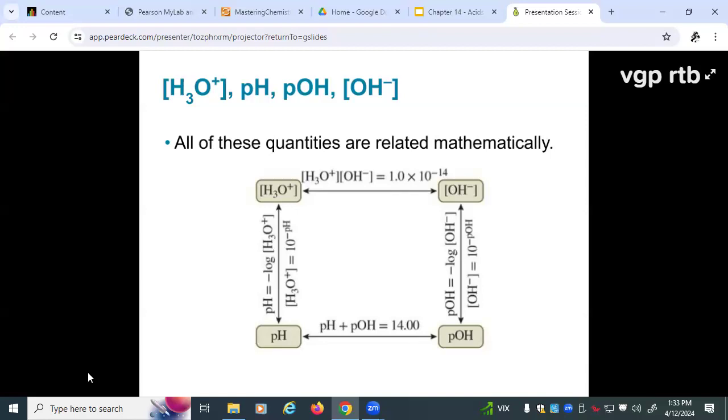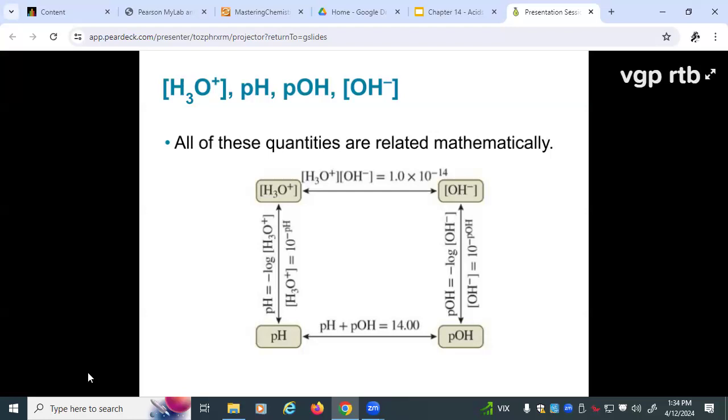All 4 of those quantities are related to each other mathematically. So if I wanted to find the pH of a solution from the hydroxide concentration, I could go around this square and do a couple of calculations to get there. This calculation square shows me the kinds of calculations that I can do to connect any corner of the square to the other.